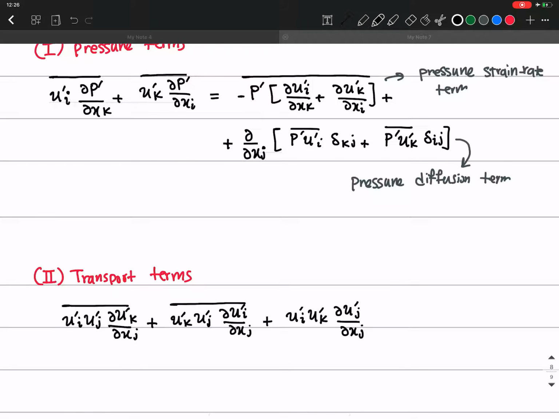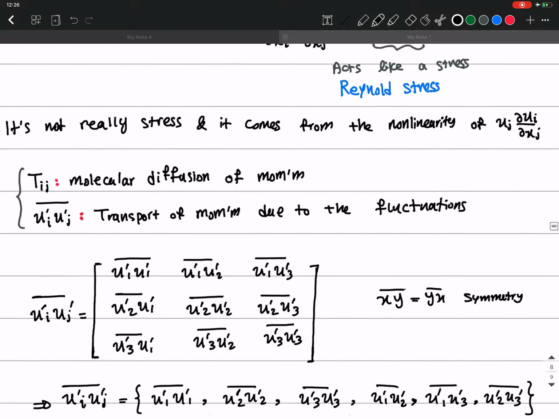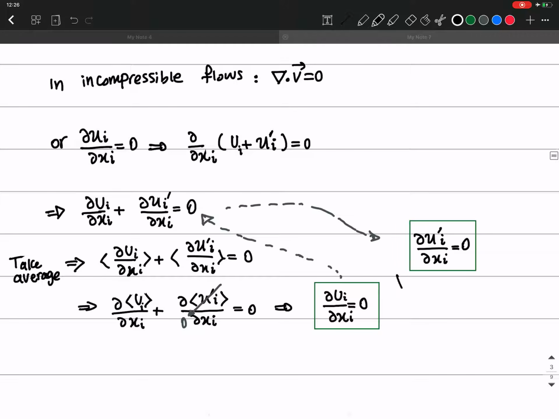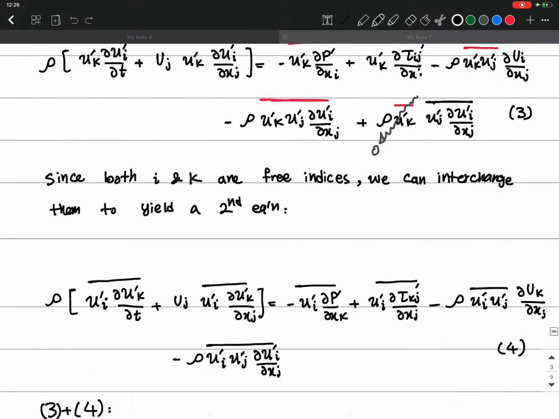And what is this term? From continuity, we know it's 0, right? We already showed that partial u prime i over partial xi is 0. If these indices are the same, so these are free indices, I can just change it to j. So partial u prime j over partial xj is equal to 0.